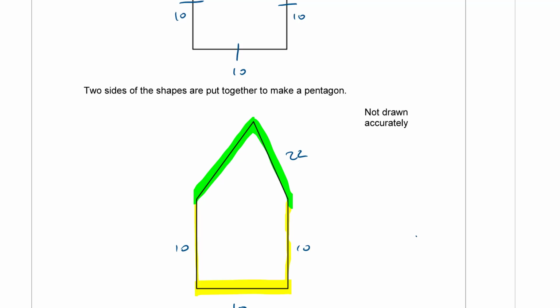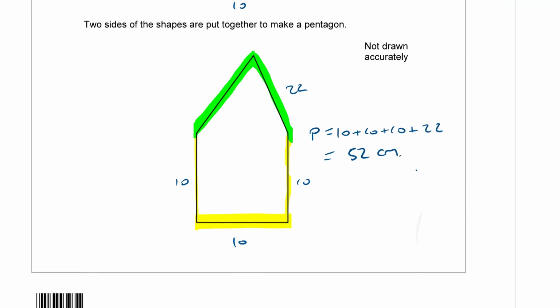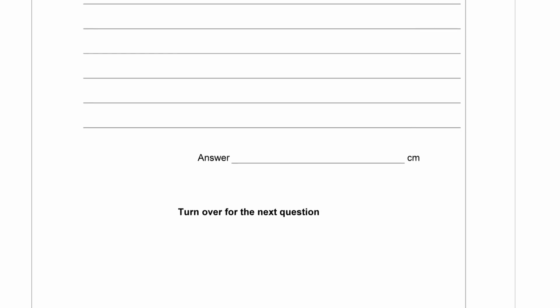So then the total perimeter, or the total distance around this shape, is going to be my 3 10s plus my 22. So that's my perimeter, isn't it? So 3 10s are 30 plus 22 is 52 centimeters. Okay, so the answer is 52.